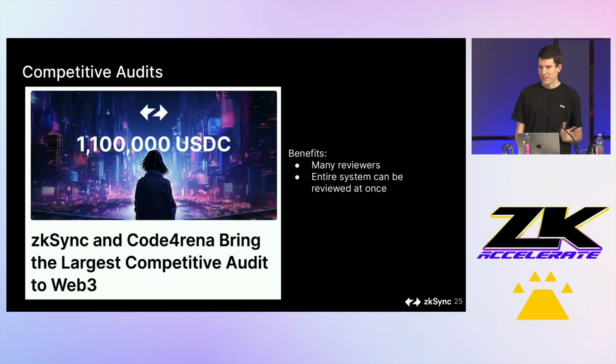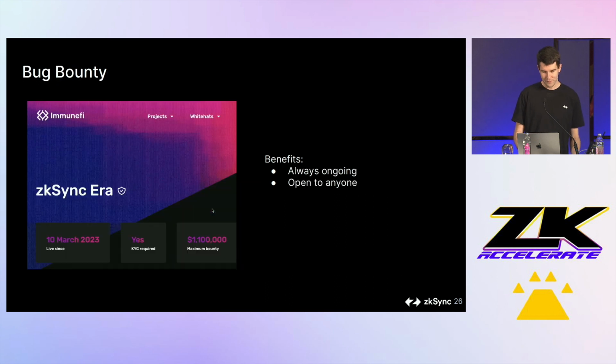We'll probably continue to do more competitive audits in the future, so if you missed this one, there will be more chances, because the results we get from this are actually really amazing, even compared to traditional audit firms. Bug bounty is always ongoing, so if we've missed anything, we will reward you if you submit a bug to us at any time.